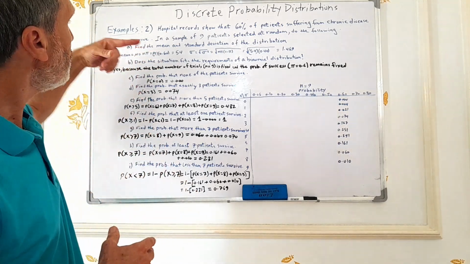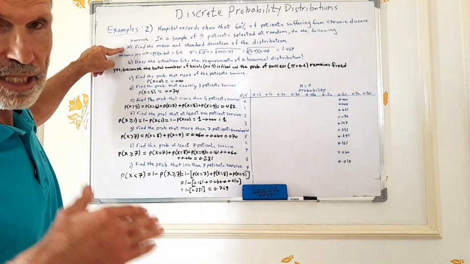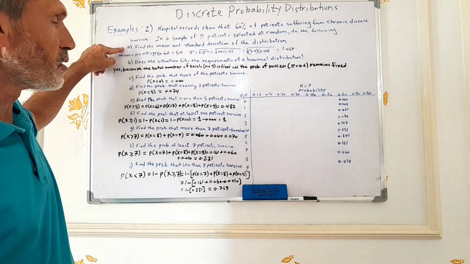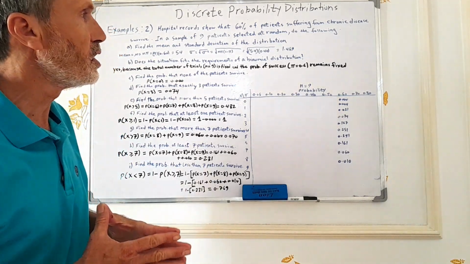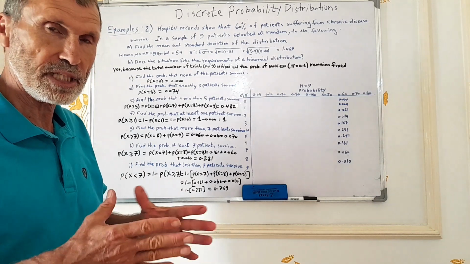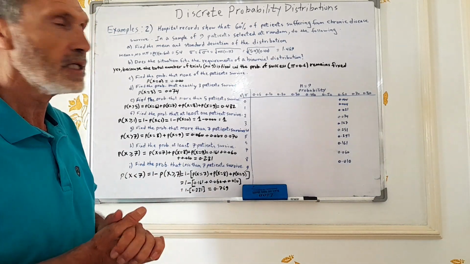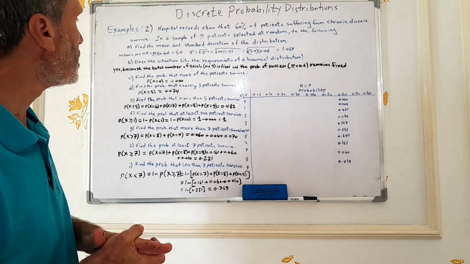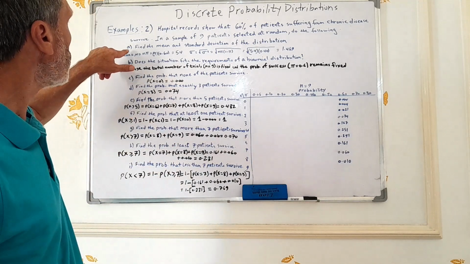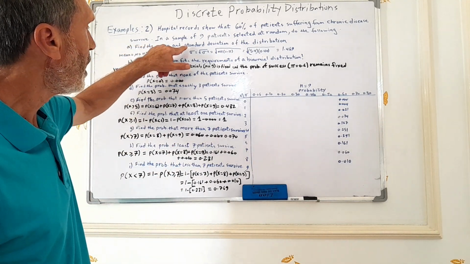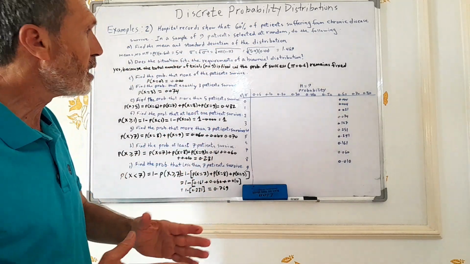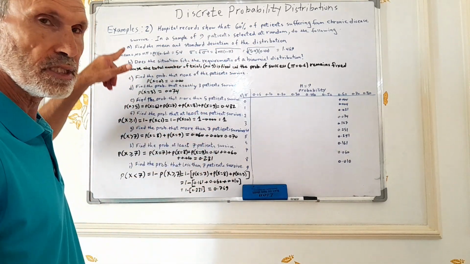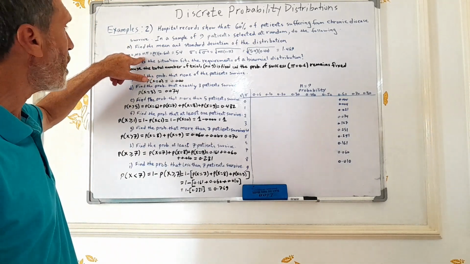Now we move to that first question. Once it is a binomial, we can use the formula of the mean and the variance or standard deviation to calculate its mean and its variance or standard deviation. So A, find the mean and standard deviation of the distribution. Because it is a binomial, the mean of the distribution is n times pi.